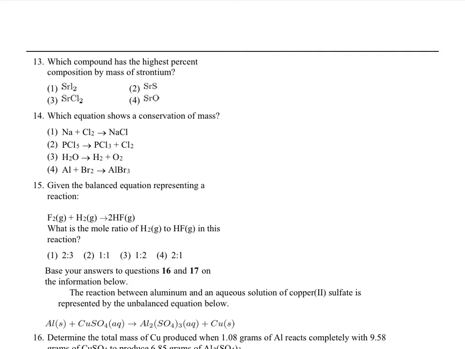All right, number 13, which compound has the highest percent composition by mass of strontium? Strontium's atomic mass, if you look at all 4 choices, they only have strontium once. Strontium is 88 grams per mole. So we're looking for percent composition that's the highest.